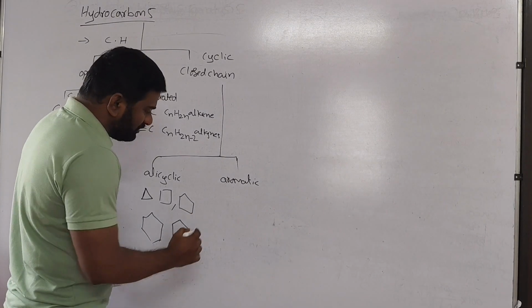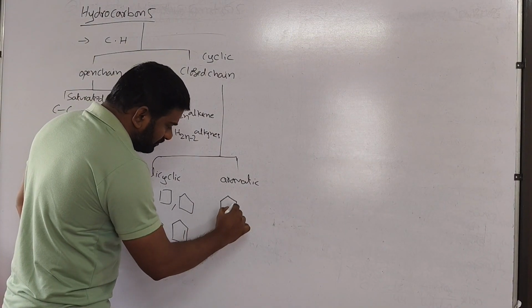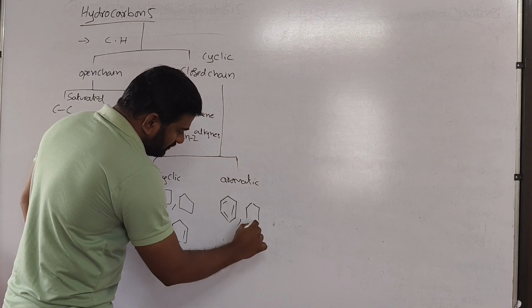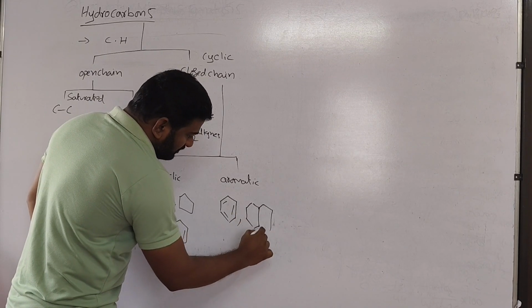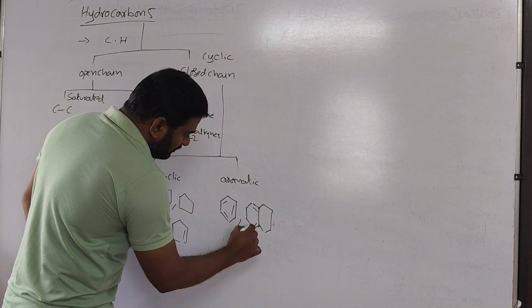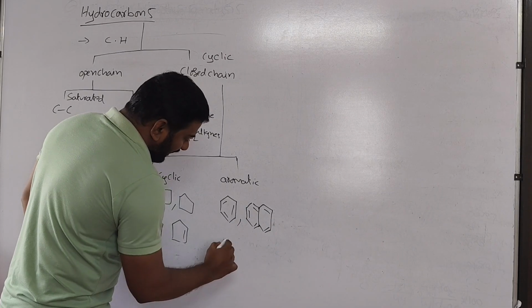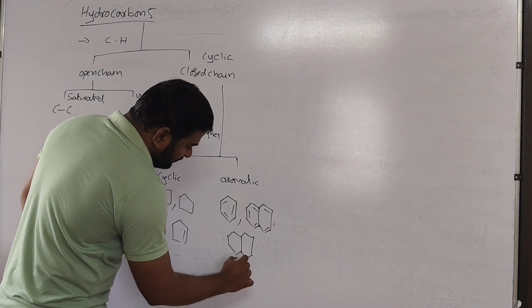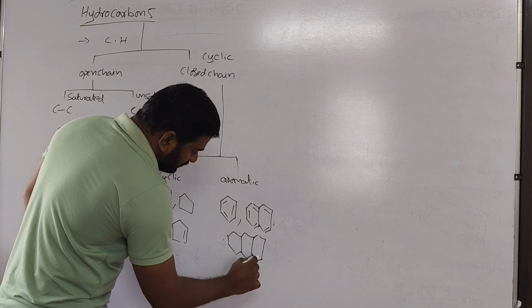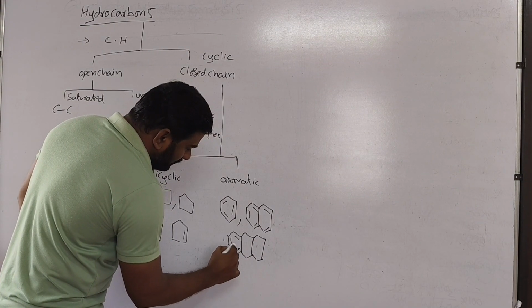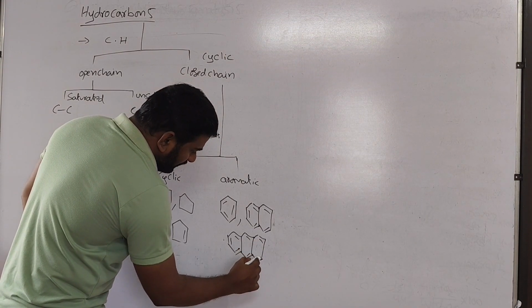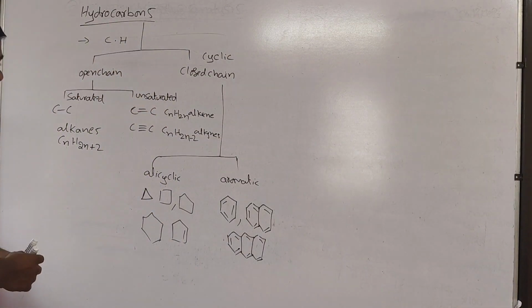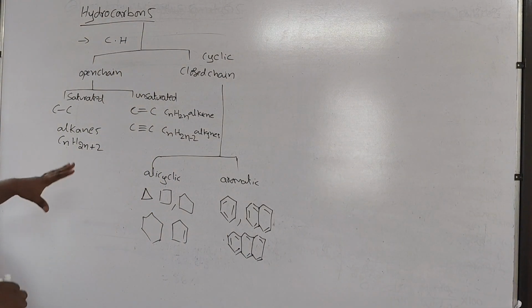Next, aromatic compounds means benzene, naphthalene, anthracene. Anthracene means 3 benzene rings are fused. In this way, benzene, naphthalene, anthracene are aromatic compounds. This is the classification of hydrocarbons.